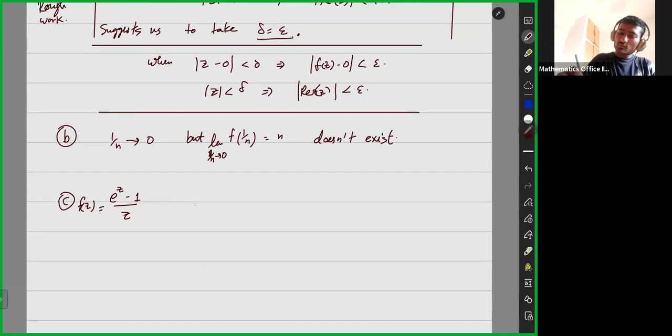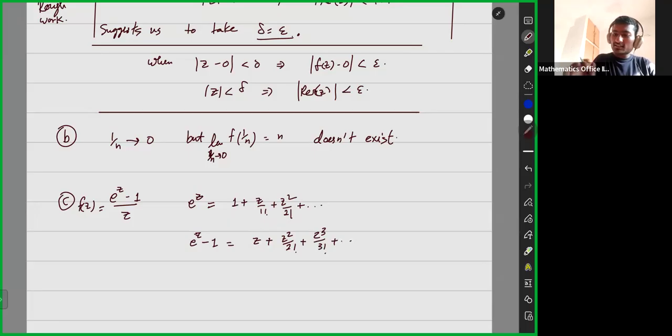So how is e power z defined? E power z is defined as 1 plus z by 1 factorial plus z square by 2 factorial and so on. From here, subtract 1 from both sides, and it becomes z plus z square by 2 factorial plus z cube by 3 factorial and so on.